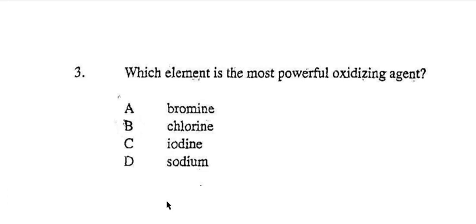Sodium is not an electronegative element. Okay, it is an electropositive element. It gives electrons, so it is a good reducing agent, not a good oxidizing agent. So the answer to this question will be chlorine.